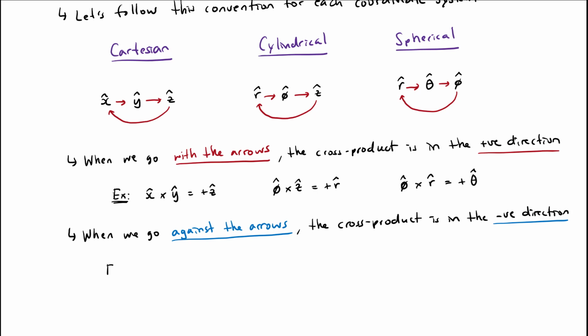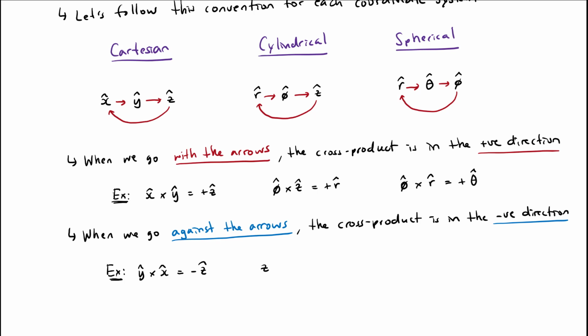So let's work through a few examples ourselves. Let's now go and do a cross product between y and x in that order. So y going to x is the reverse order of this arrow. It's going against that red arrow, so therefore I have negative z as my answer.